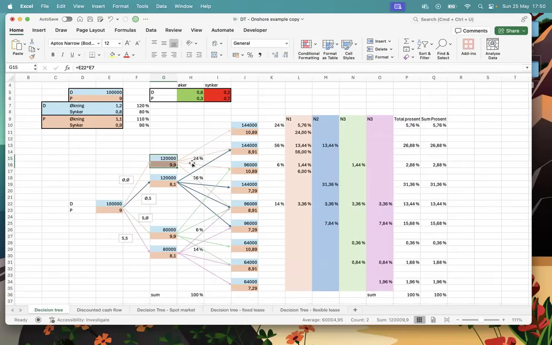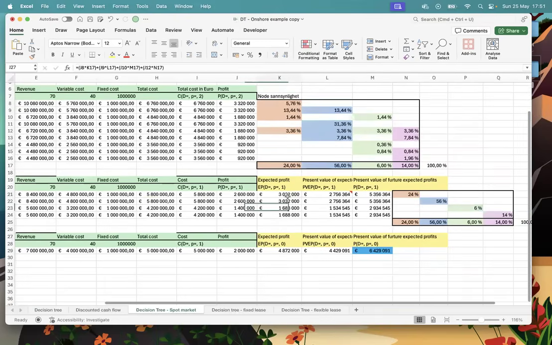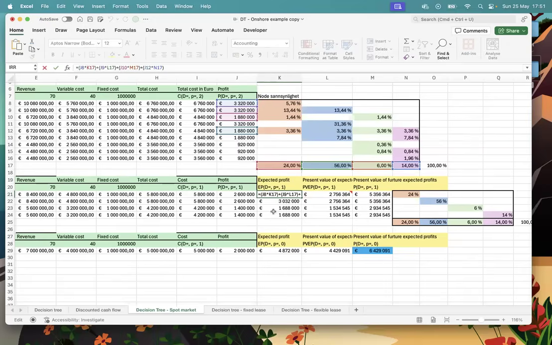So for this node, this node, this node, and this one. How we do this is that we take from the first node, as you can see here. That's why I have colored this in, so I know which node is connected to the first node.